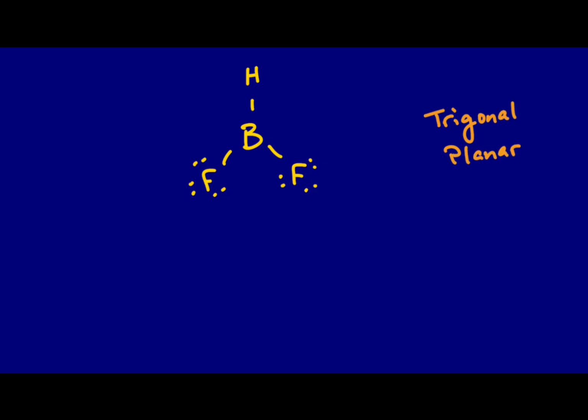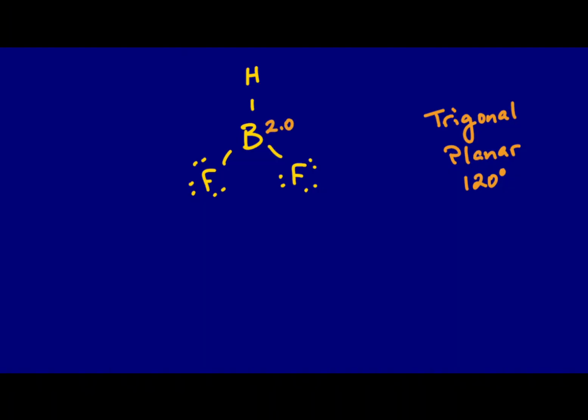And trigonal planar gives us bond angles of 120 degrees, right? So we were saying that it's symmetric because of these perfect 120 degree angles. But it's not completely symmetric like we saw in our previous example because we no longer have 3 fluorines, where we now replace one of them with a hydrogen atom.